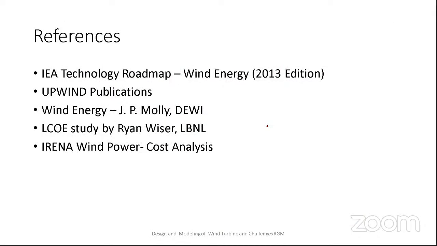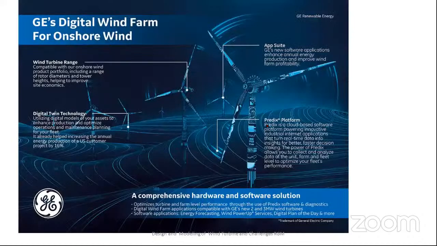And so this is the digital wind farm. Nowadays, to increase the efficiency of the wind turbine, digitalization is happening. Every data is being sent to the controller. The controller checks every second, and keeps on checking.